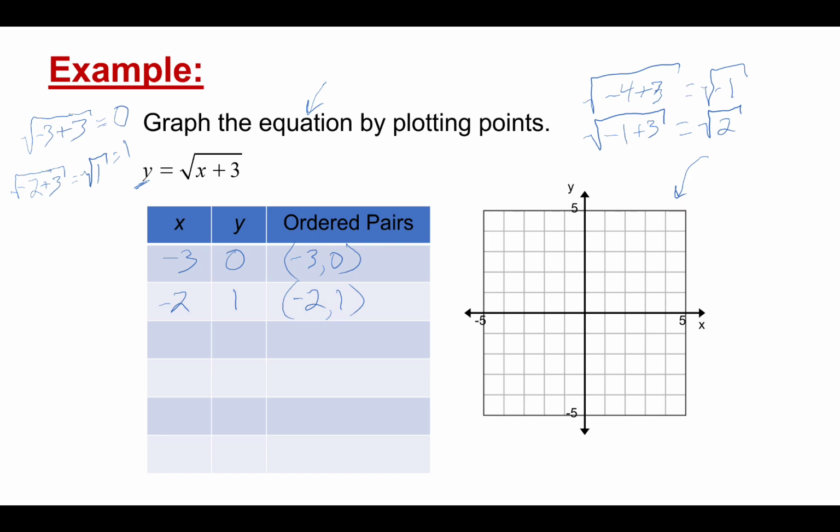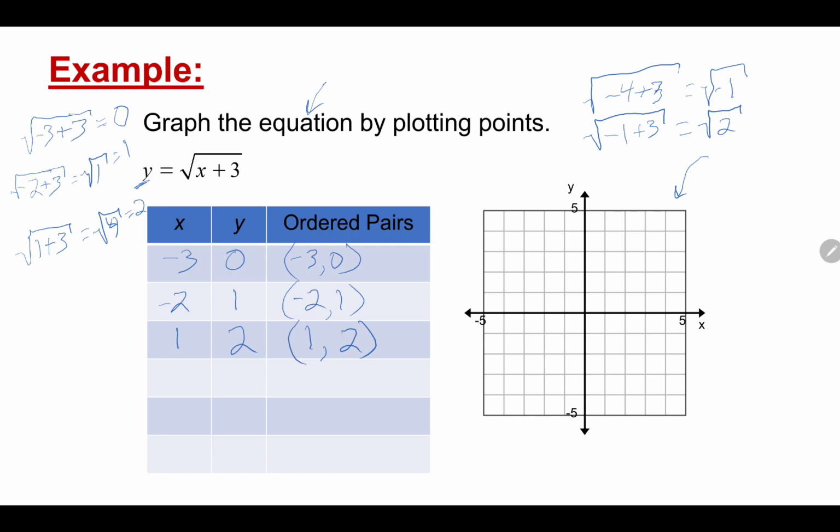So we did -3 and -2 and got these results. Let's try plugging in 1. This would be the square root of 1 plus 3, which equals the square root of 4, which is equal to 2. So at 1, I'm at 2.